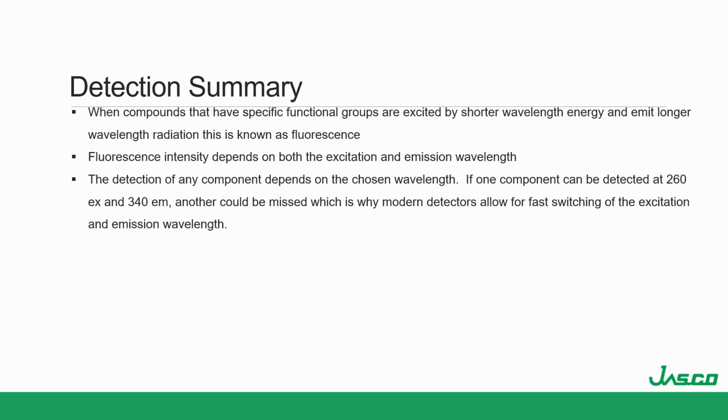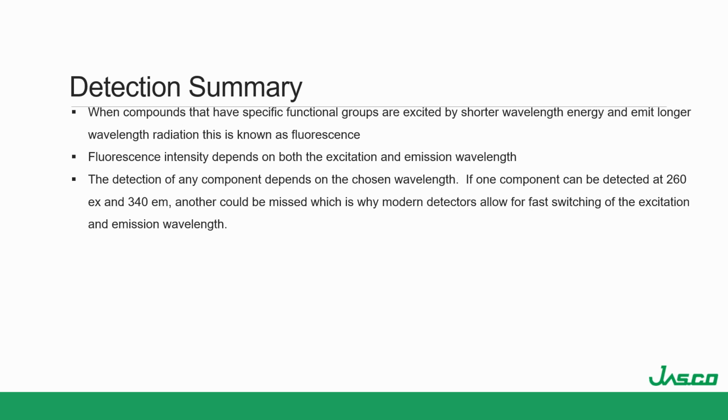So if one component can be detected at, say, 260 nanometers, or excited at 260 nanometers and emits at 340 nanometers, another component could be missed if you're not sitting on the correct excitation and emission for that particular component.